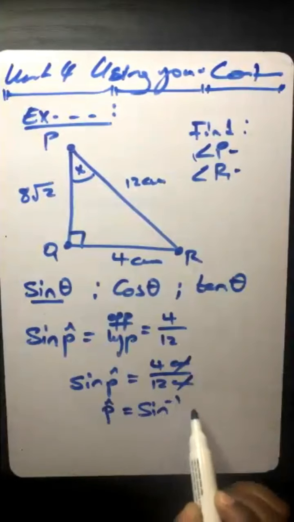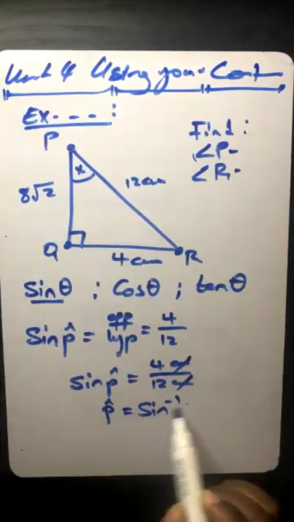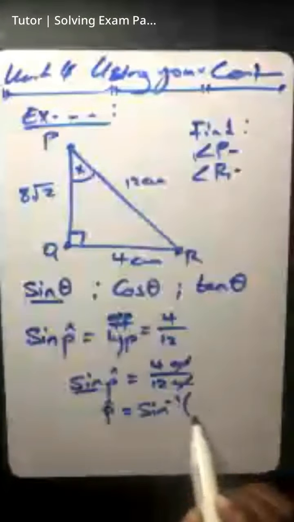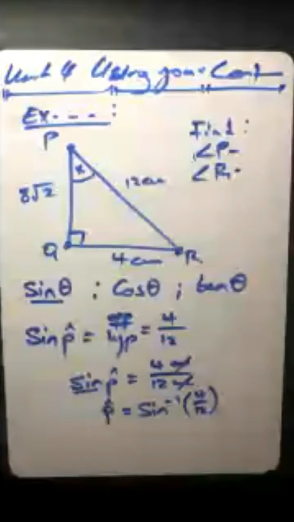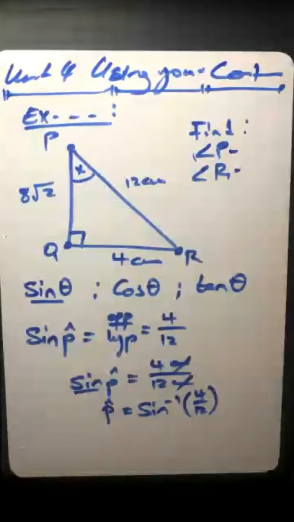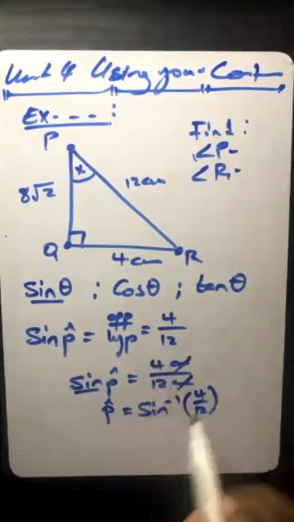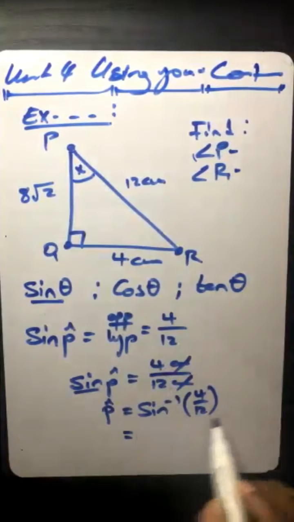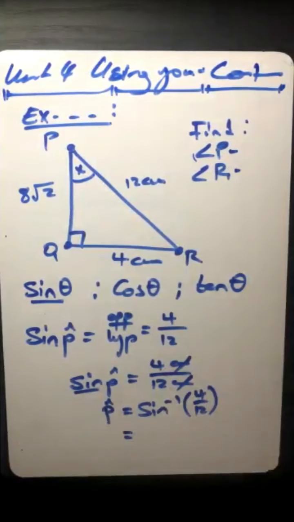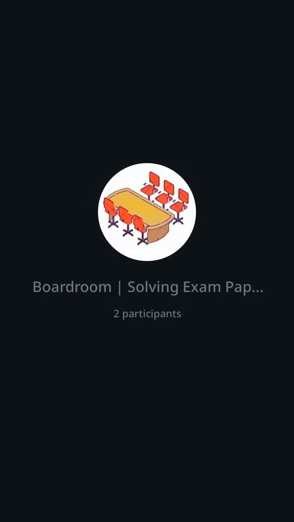So that is how you remove a trig ratio from an angle. So the second function of whatever is on the right, which is 4 over 12, is equal to, then you punch this on a calculator. But remember to make sure that the calculator is in degree mode.